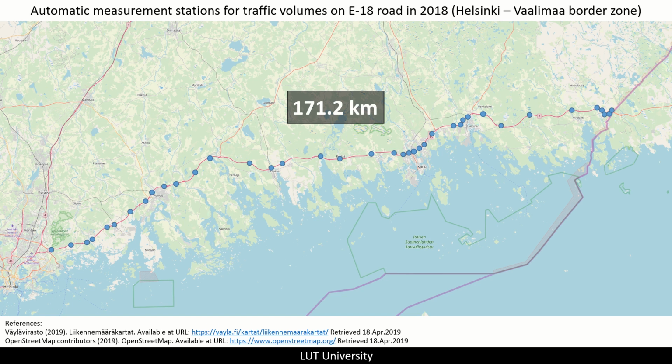the emission inventory for the whole year 2018 for the E18 road from the outskirts of Helsinki until the Russian border. So in Finland, thankfully, our Transport Infrastructure Agency provides us with open access data that is gathered from these blue dots, which are automatic traffic volume measurement stations.